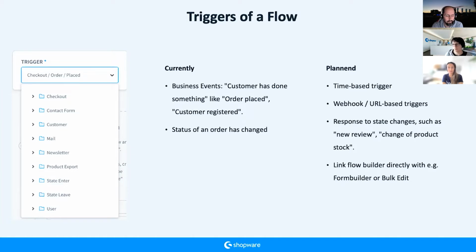Or you might want to combine it with the bulk edit, like saying for these 100 orders, execute this flow and do this with the data. So that is what we've planned here. Currently, it's based on the business events, but there's a lot of opportunity, as you can see here, on where we can go. So that's why I'm interested in your feedback here to know what you think of this and what you want to do with that.